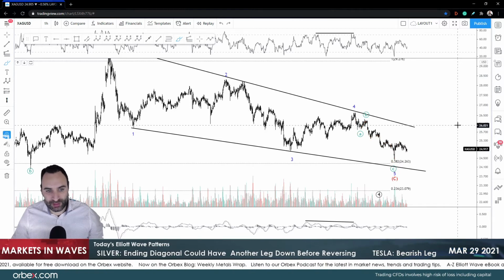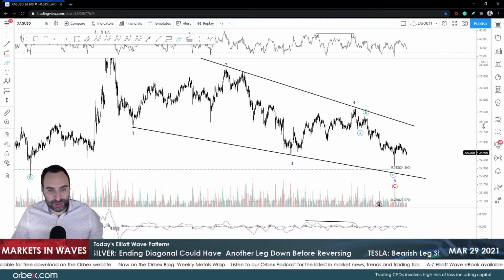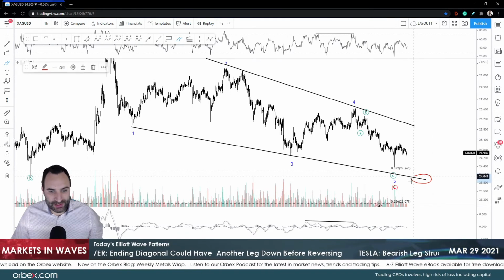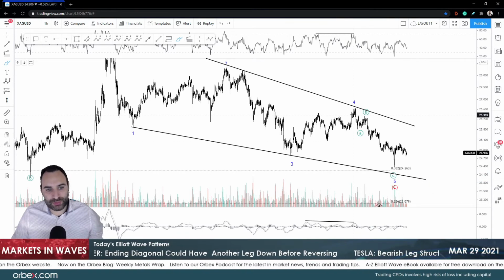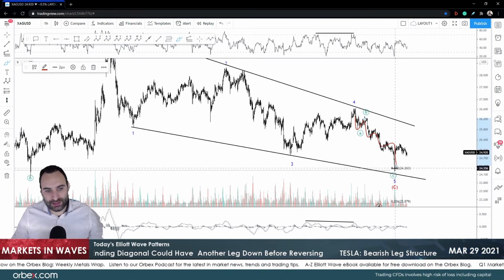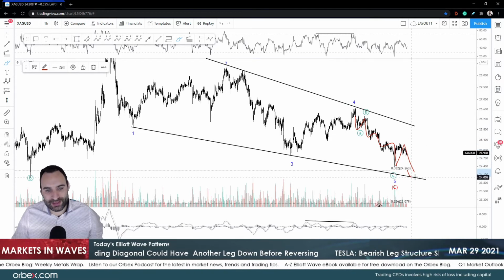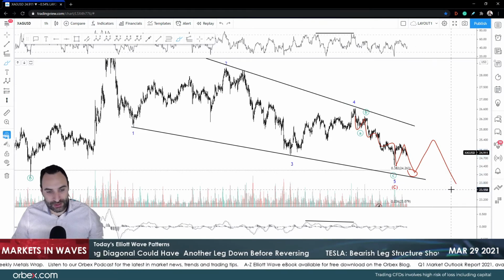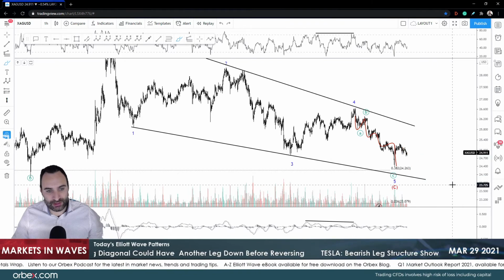But it's also possible, okay, that because we missed this trend line over here, we've got 1, 2, then 1, 2, 3, 4, and 5. That is 3, 4, and 5. We're going to get A and then B and C. That is also possible, okay?